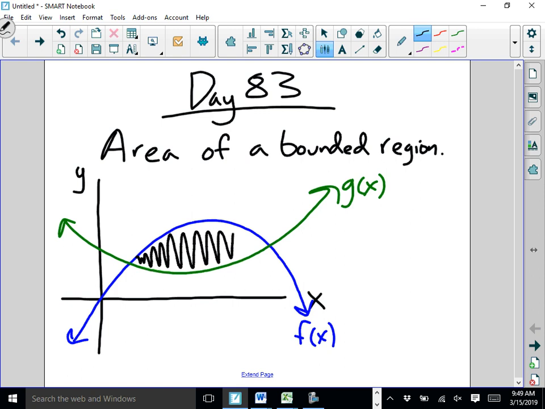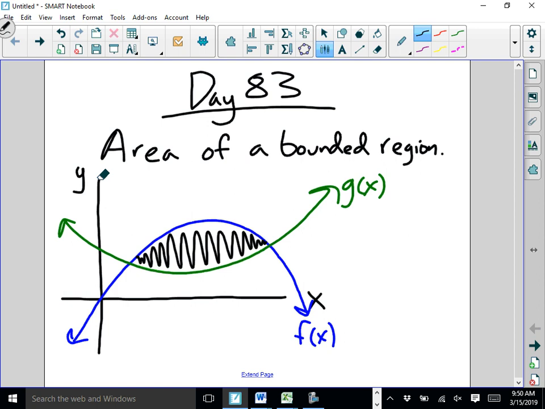Sometimes we'll only have two functions that bound a region. Sometimes we'll have three or four. Sometimes it's two functions plus an axis, or two functions with two vertical lines, something like that. We'll just start with a simple one with two functions here.